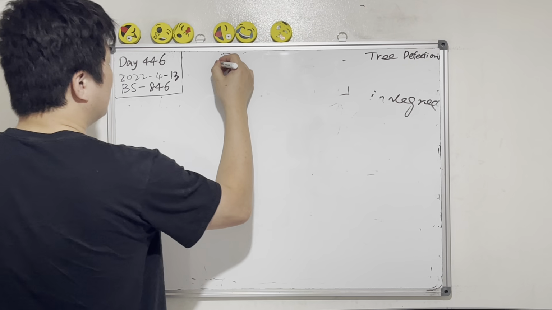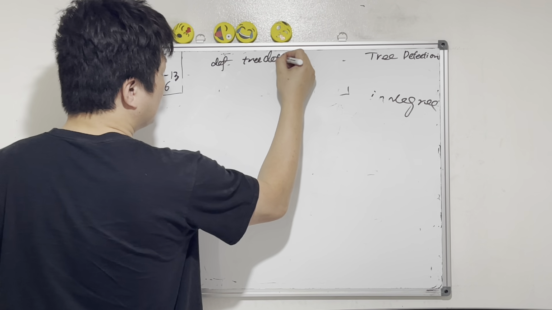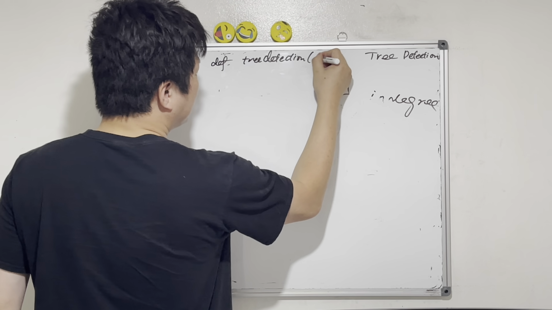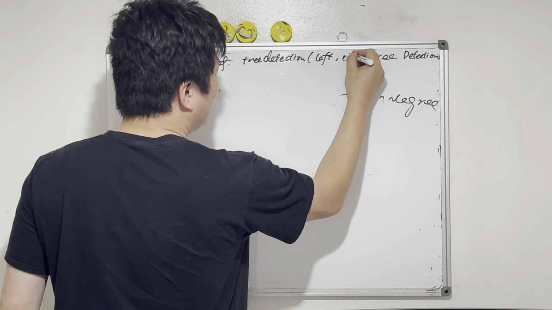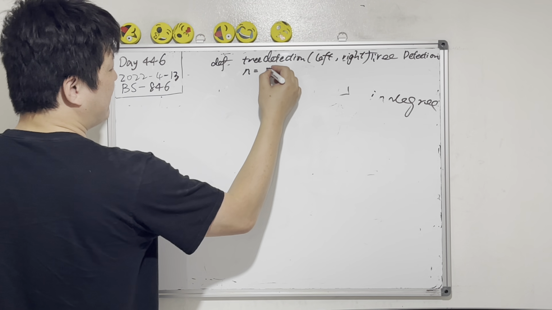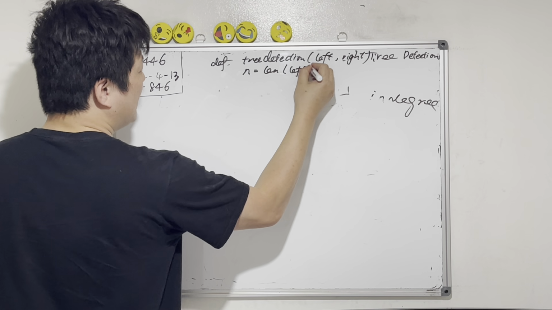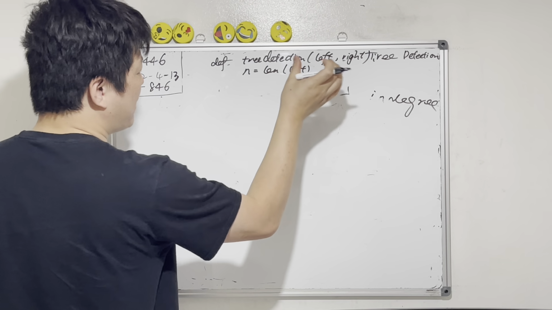Okay, define tree detection. We have this left and right. We are given this left and right. First of all, we need to get this n. n is the number of nodes, the length of left or right. It should be the same; both arrays should have the same size.